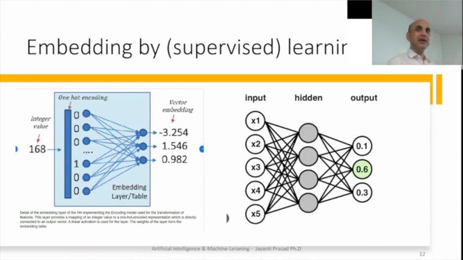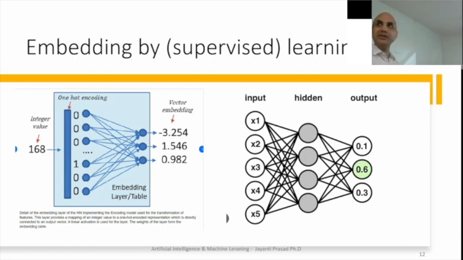So if you can map these words into a space of meanings, then it will be very easy to do the text processing and to make sense of the data. Okay, let me come to this diagram again from the left. You have the 168 dimensional one hot encoding. Let us consider you have a very small problem of only vocabulary 168. Then you can apply a matrix on it.